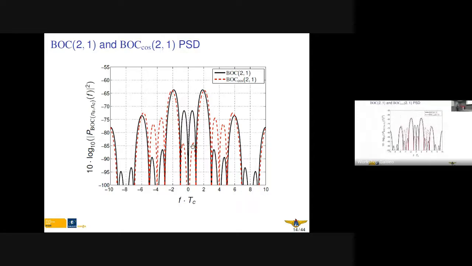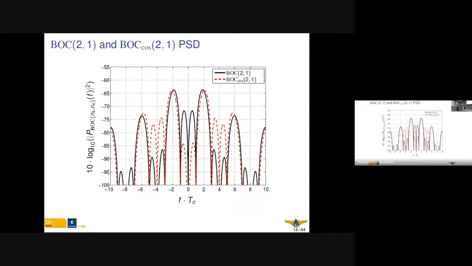This property can already be used for our FD-CDMA approach, because if we want to introduce signals to the allocated band, we need to think about, okay, do we want to have more interference between the two lobes to other signals or outside of the main lobes?